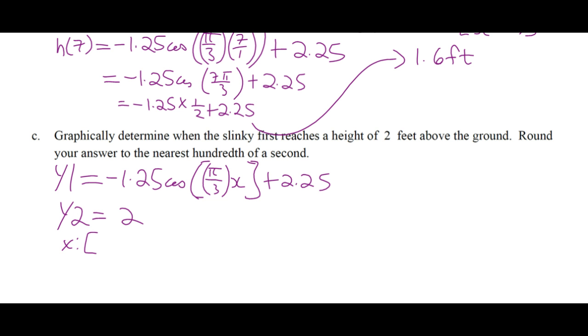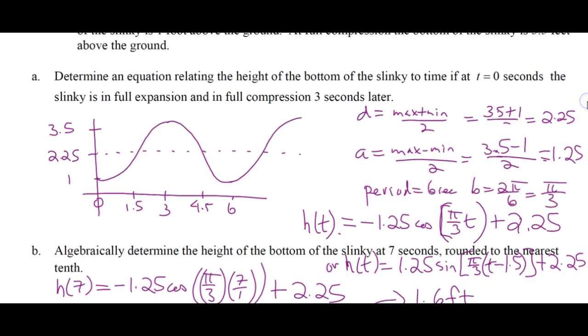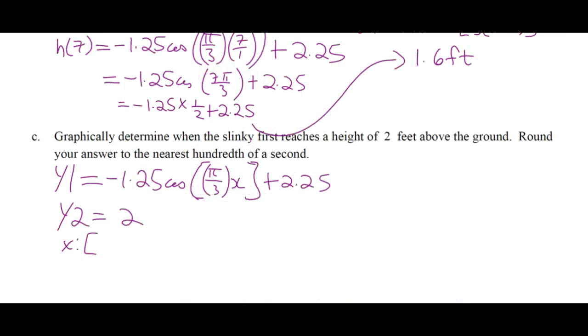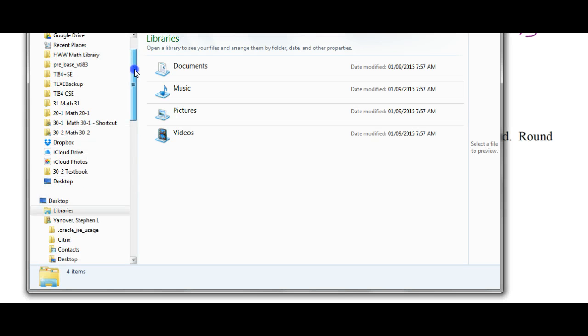My window is, so I wonder when it first reaches 2. I don't have to go that far, but let's at least show one period. So say we go 0 to 6 and 0 to 5. So 0 to 6 by 1s, and the y's, 0 to 5 by 1s. Okay, so let's just get a calculator out.